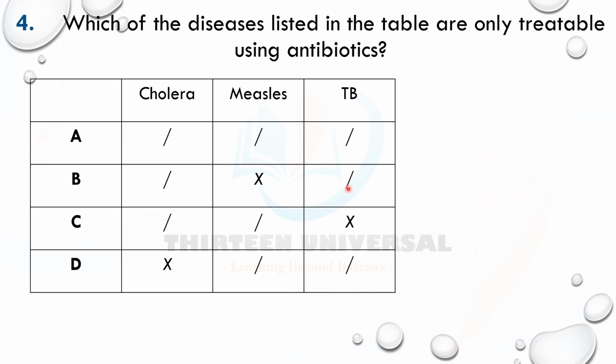TB is caused by a bacterium, so only 2 of them, cholera and TB, are treated using antibiotics. Antibiotics have their target site on prokaryotic structures. So the answer is B.